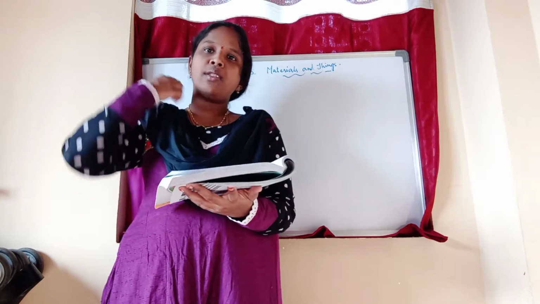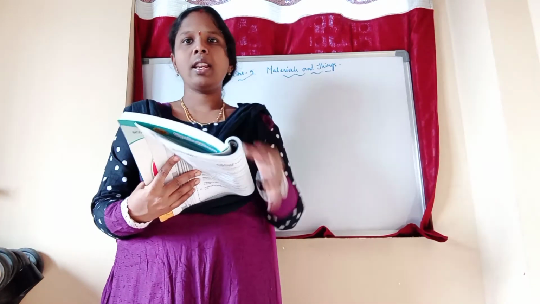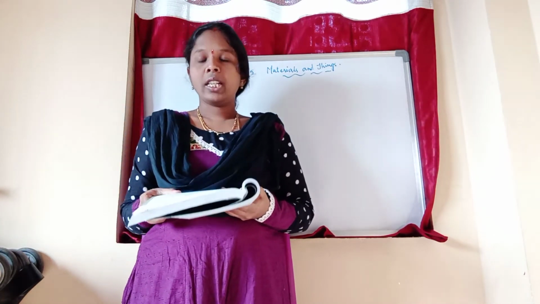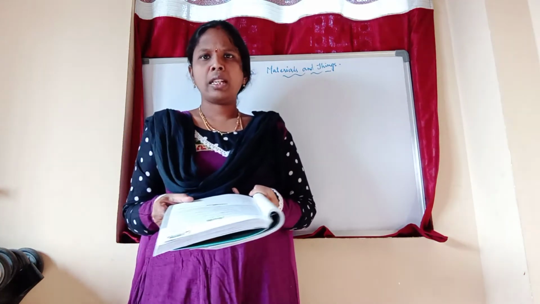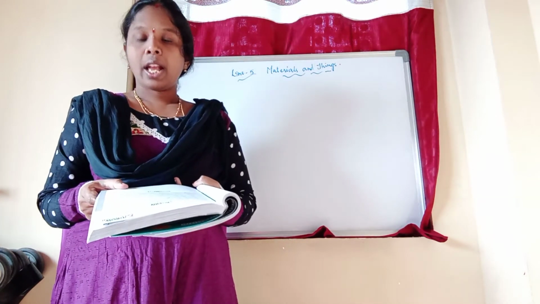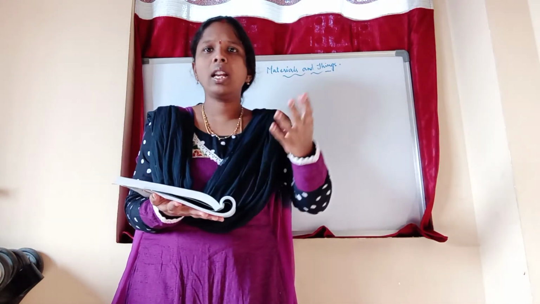Sand is insoluble in water. The density of water is 1 gram per milliliter or cc. Materials which conduct heat quickly are called conductors of heat. Up to here we have completed in the before section.